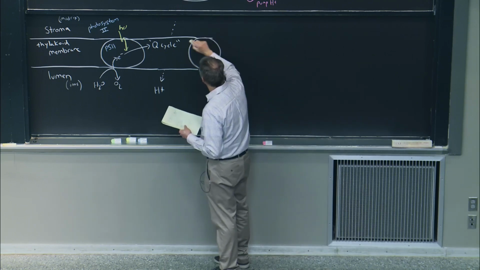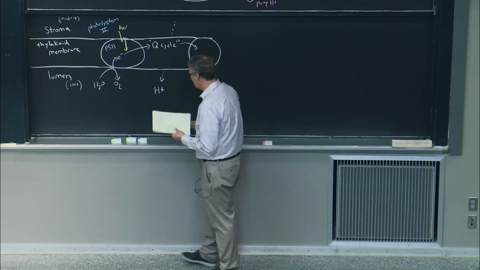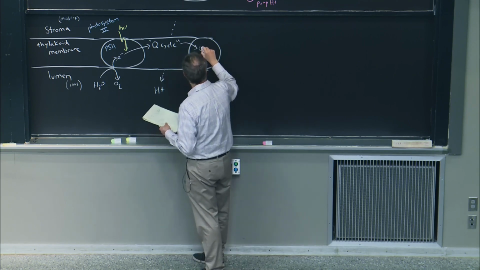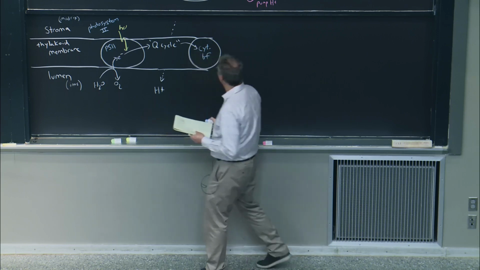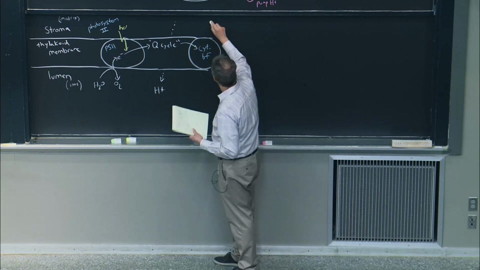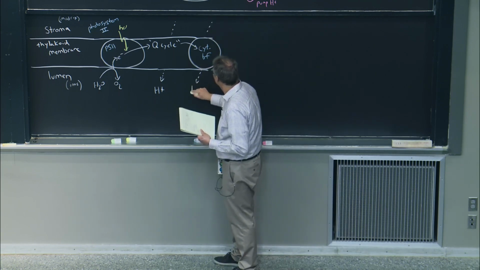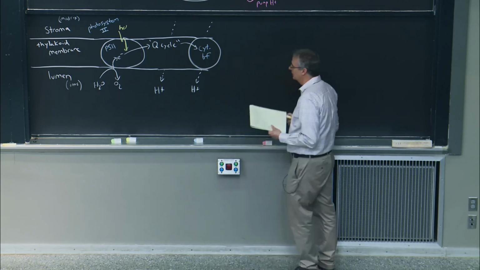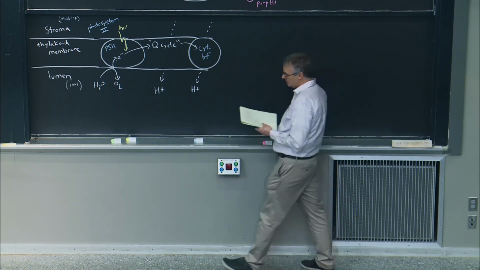Those as electrons are transferred into the next complex, which is called cytochrome BF. All right? The next complex, cytochrome BF, also can pump protons across the membrane.